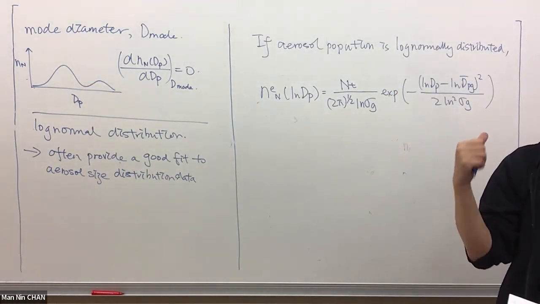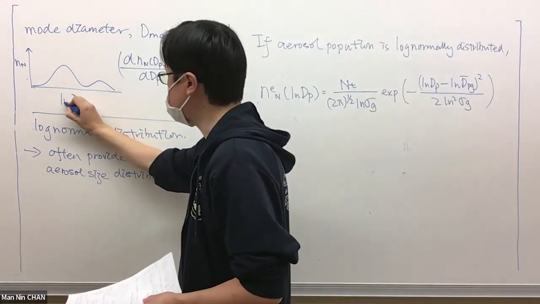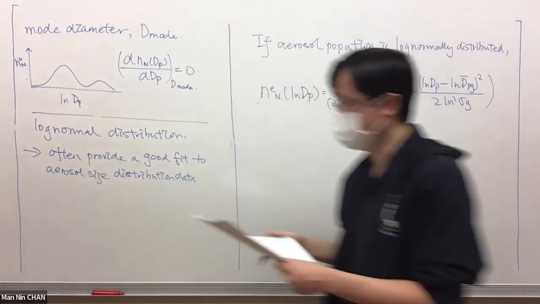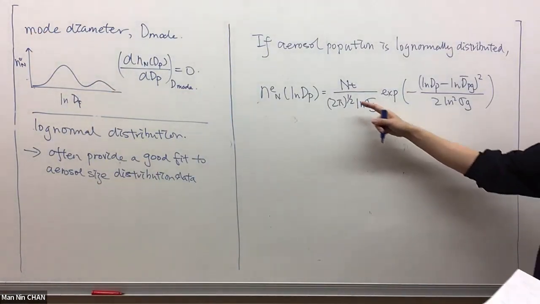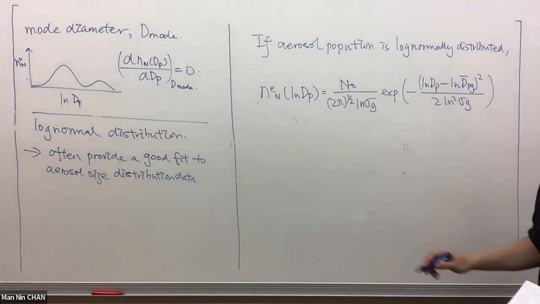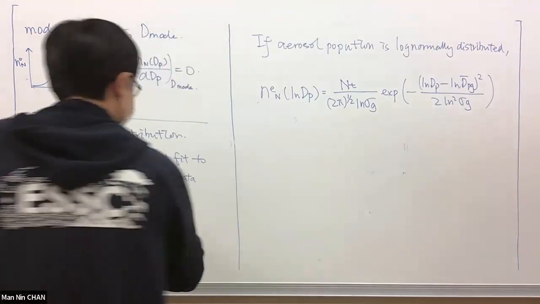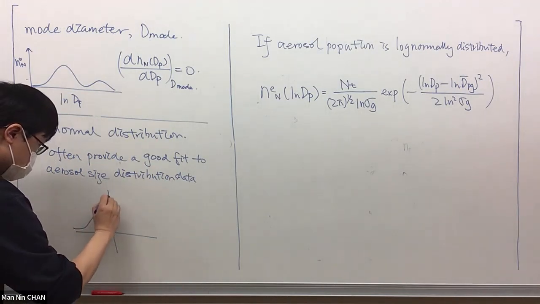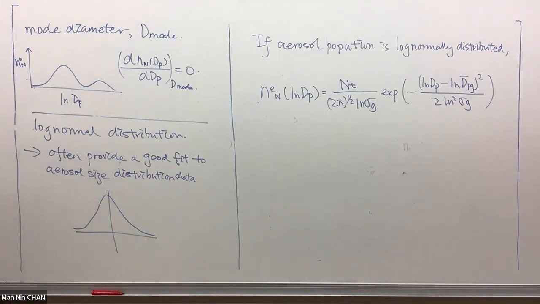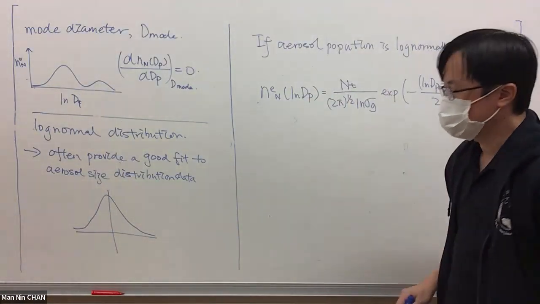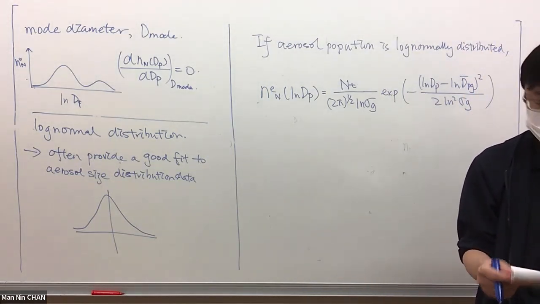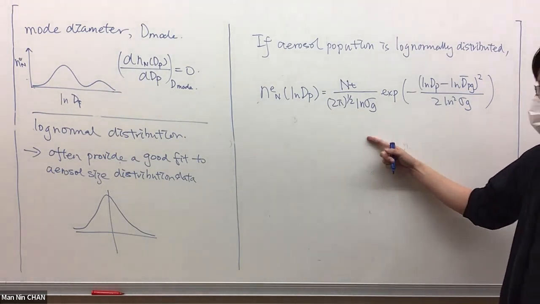Now you plot your x-axis in log scale. You can describe this kind of distribution if you have a log normal distribution. Of course, you are not looking at things like this, but I'm sure you have seen a curve or graph like this, the normal distribution, or what we call the bell shape, of your aerosol population.